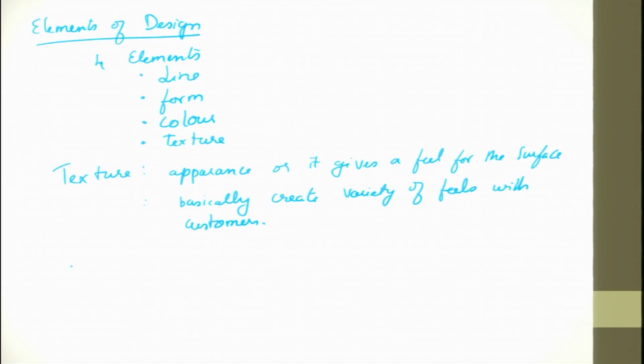Okay. There are two types of textures. One is called tactile, the other one is called visual. So, what is a tactile texture?